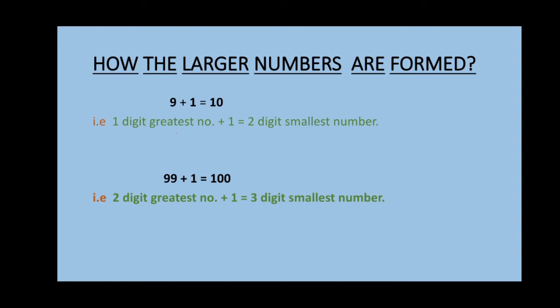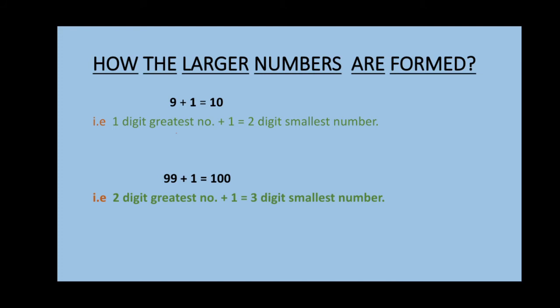Likewise, in the second pattern, 99 is added with 1. So 99 here is the 2-digit greatest number and it gives us 100 when added with 1. So here 100 is the 3-digit smallest number.